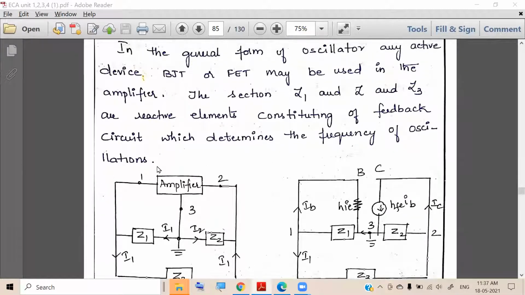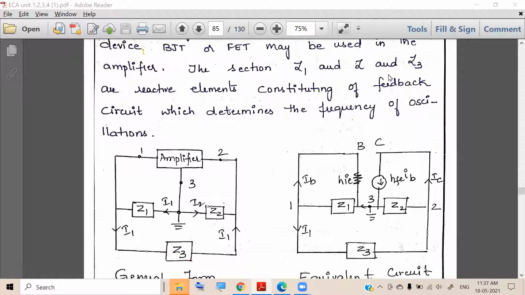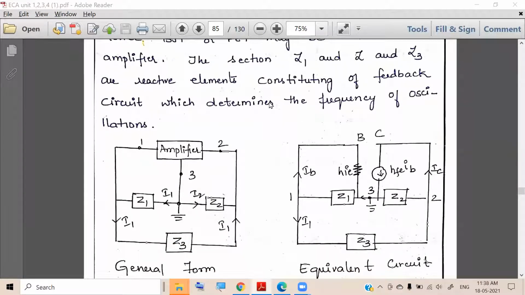Then Z1, Z2, and Z3 are reactive elements constituting the feedback circuit.